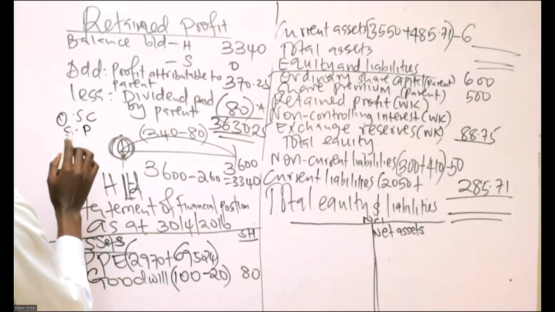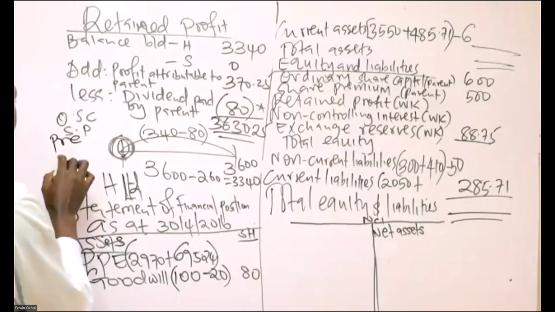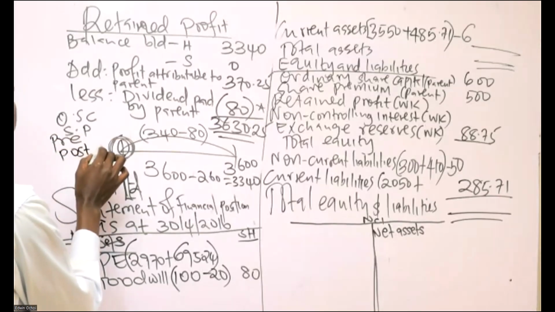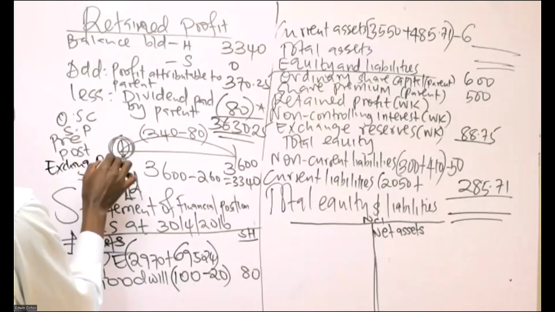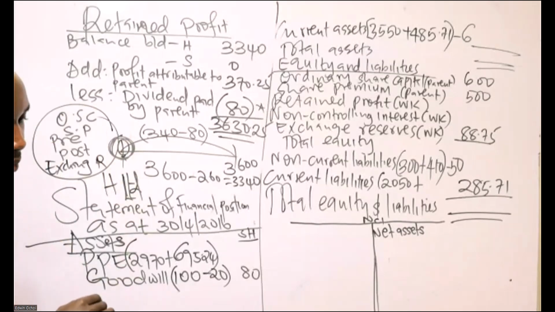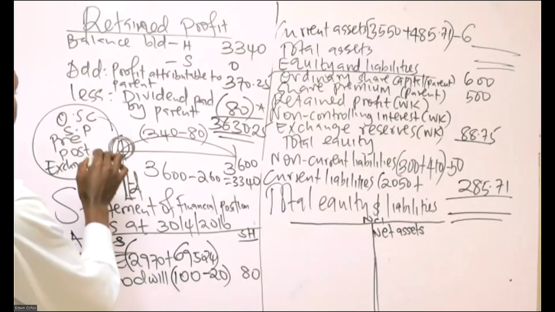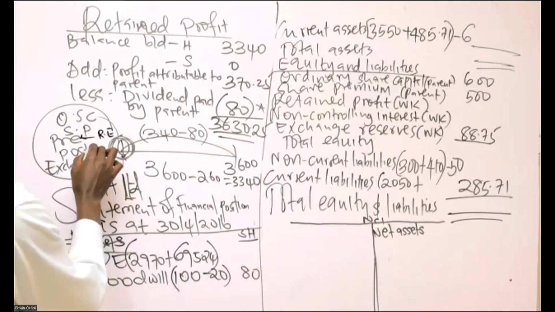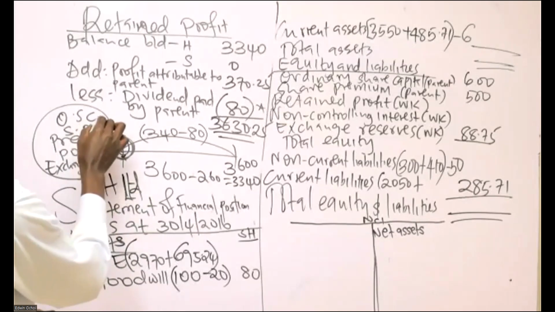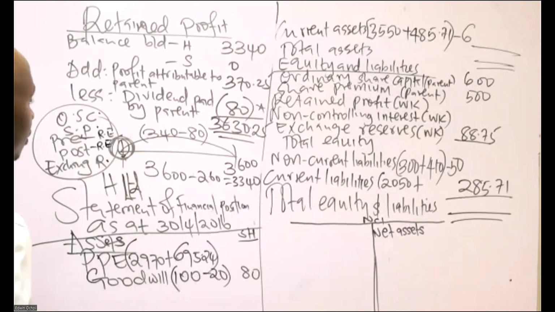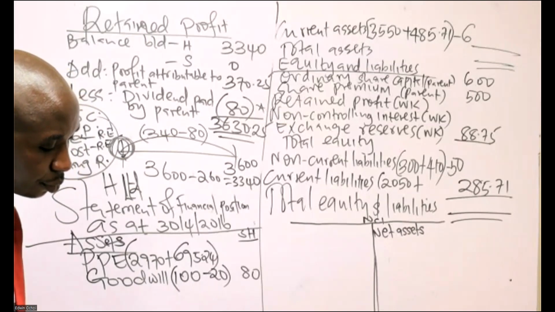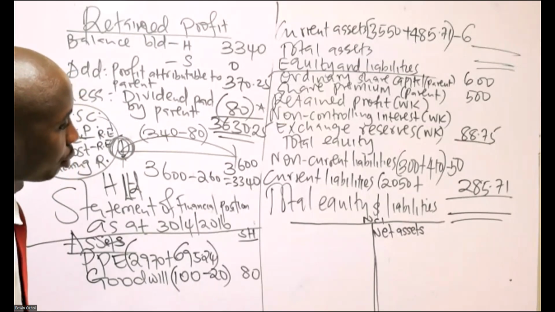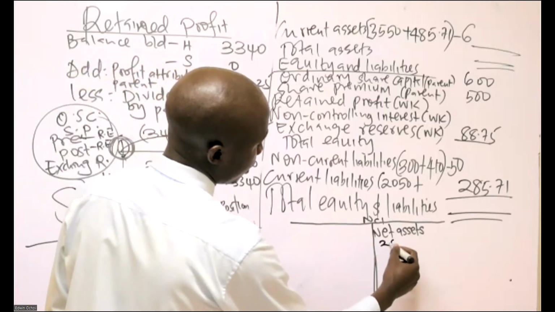There was a retained profit for pre and post, and there is exchange reserve. Add these. Give me the answer. Those are my net assets to be multiplied with 25%.